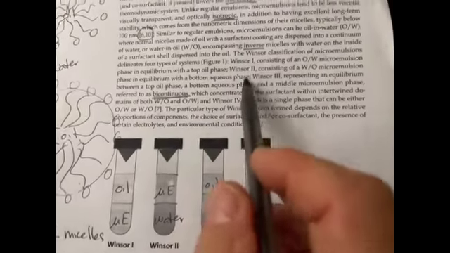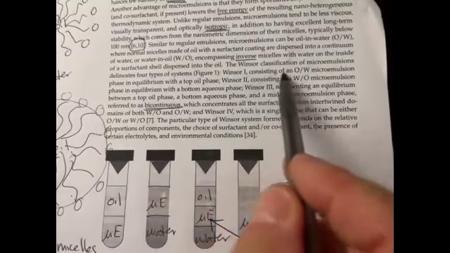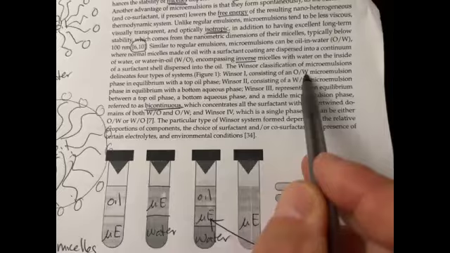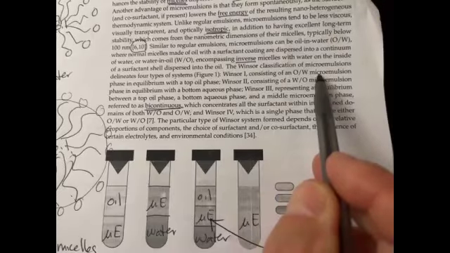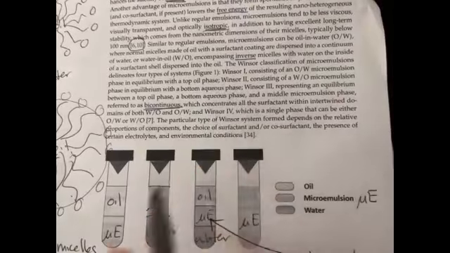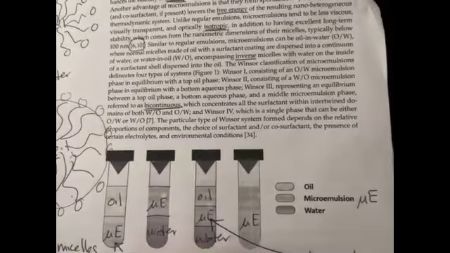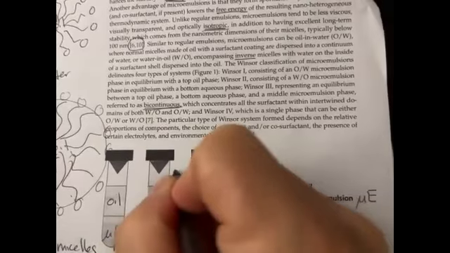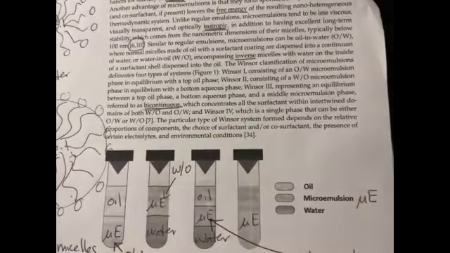All right, so this one, let's see. Windsor 1, consisting of an oil in water microemulsion phase in equilibrium with a top oil phase. So I don't understand why that is. So oil, water. This one is water and oil.